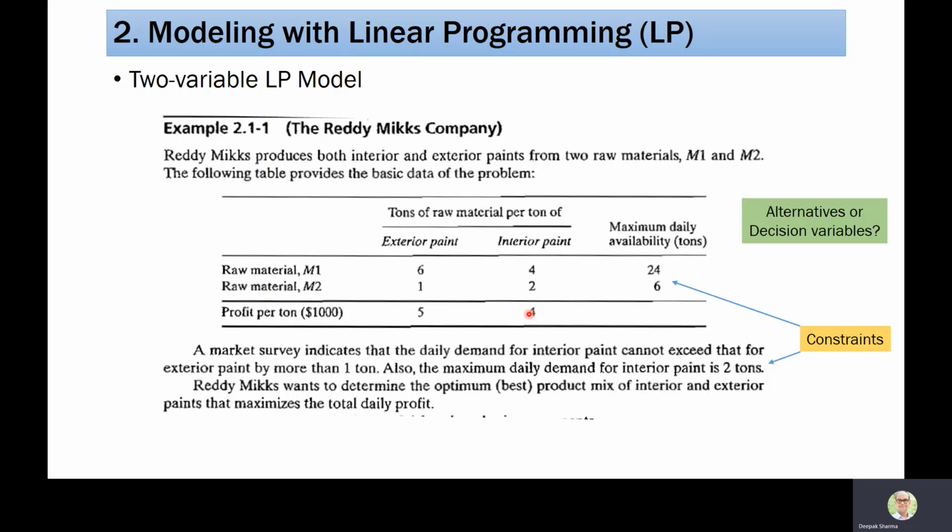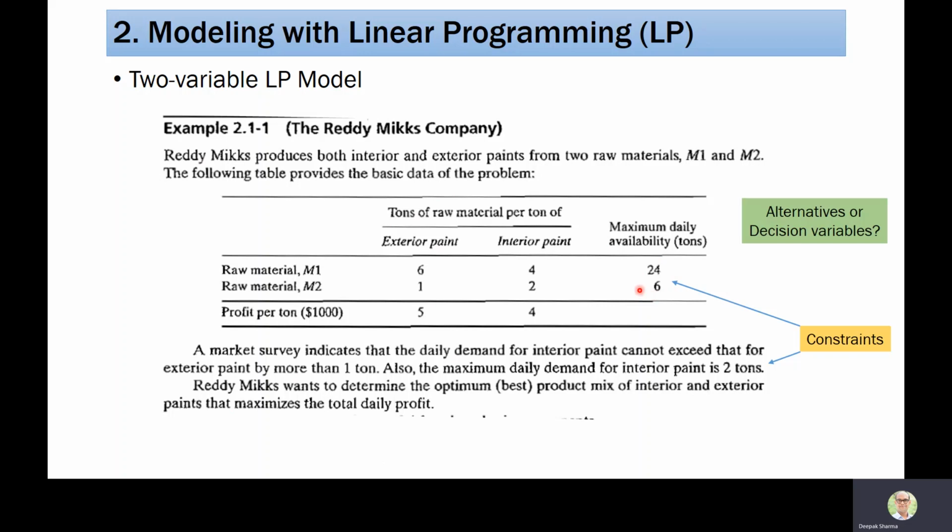Now let us understand what the constraints for the given problem could be. First of all, the first constraint is based on the maximum availability. The amount of exterior and interior paint made using raw materials M1 and M2 should not exceed the maximum daily availability.